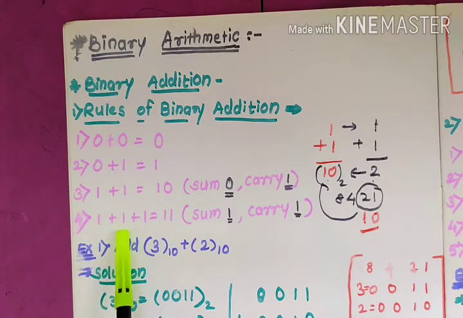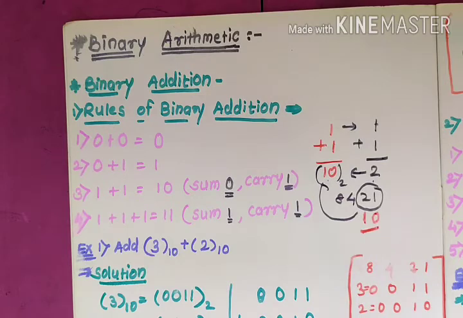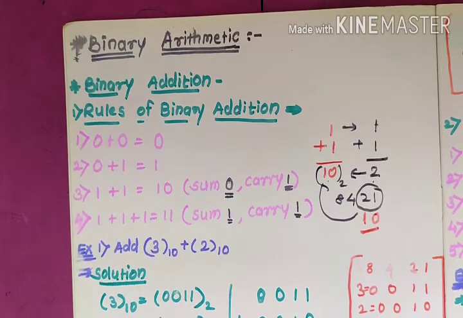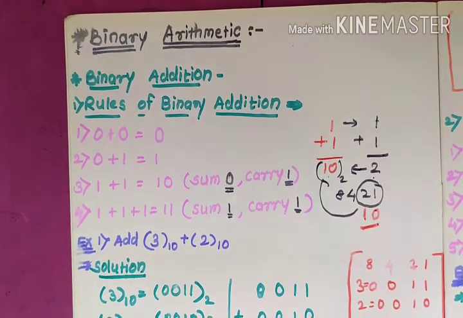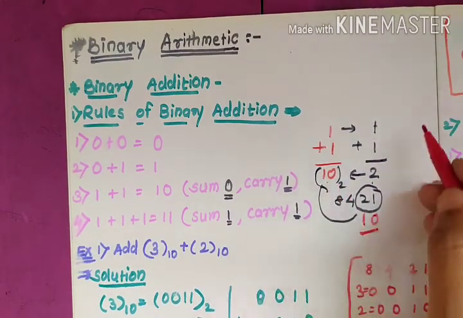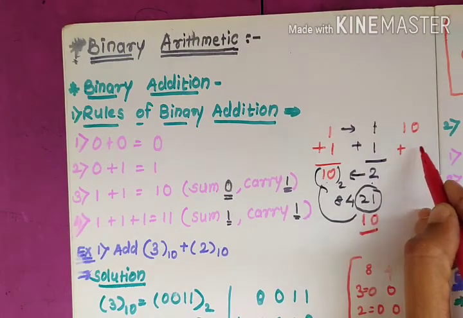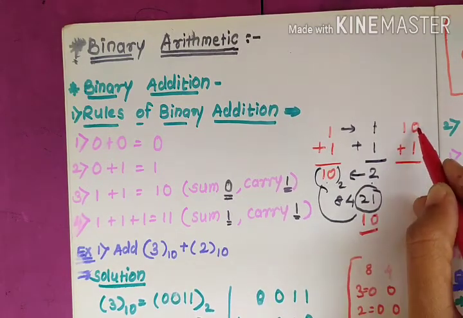What about the next rule? This is 1 plus 1 plus 1 is equal to 11. Here sum 1 carry 1. Now student, see how to clear this idea. As we know that 1 plus 1 is equal to 10, and 10 plus 1 is equal to 0 plus 1.